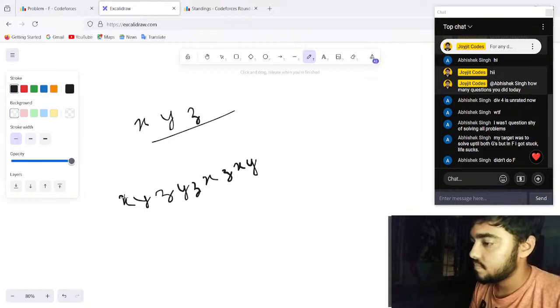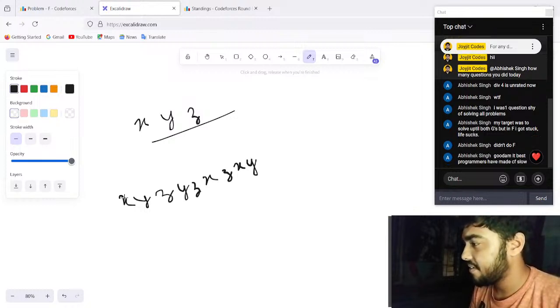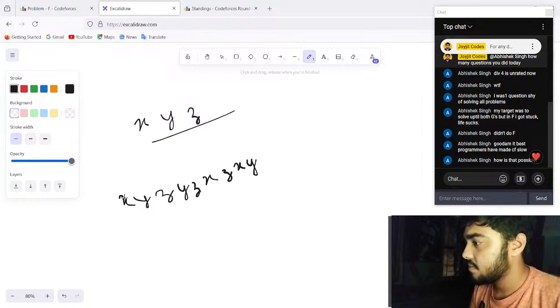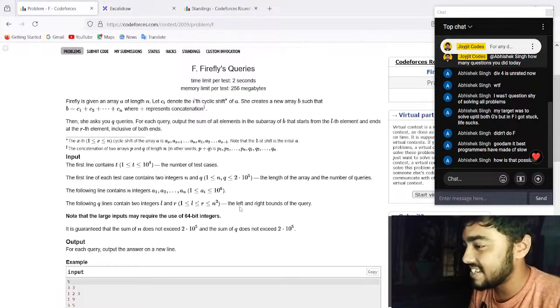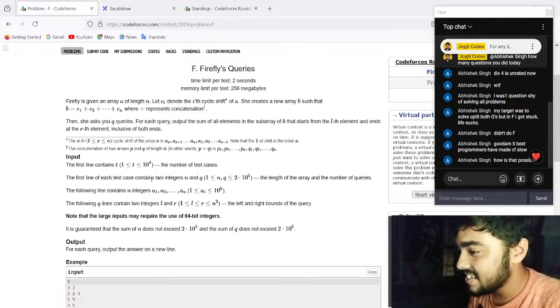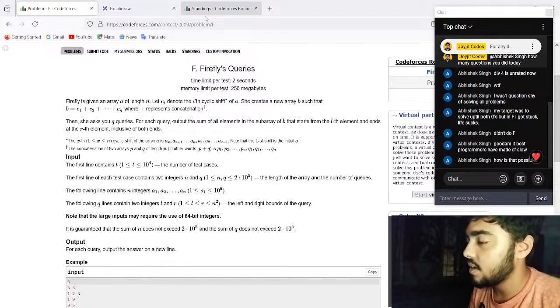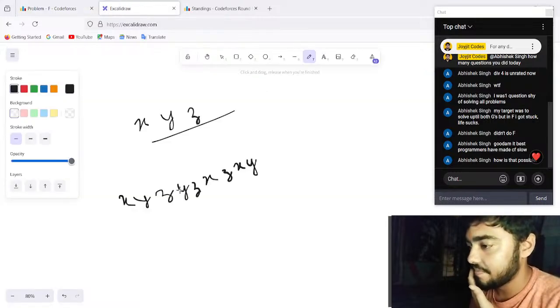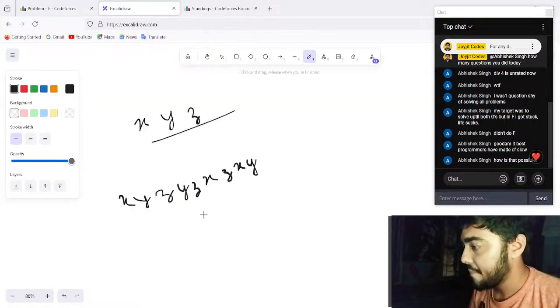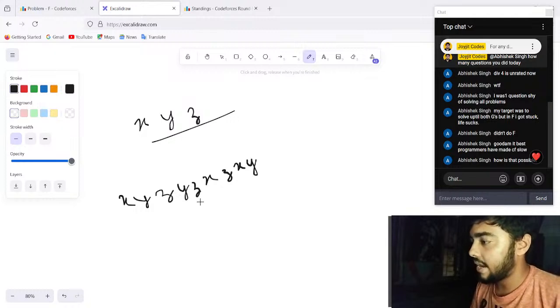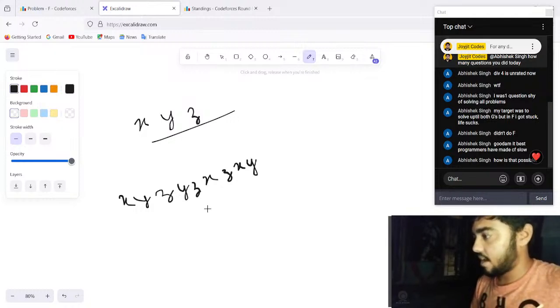Didn't do F, okay. So I'm explaining F, just focus on this, Abhishek. Let me just check. After the shift it looks like a(x+1). Yeah, I think that is right. So this is what your array looks like after the shifts.